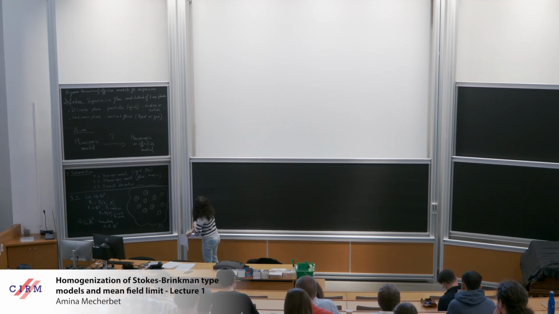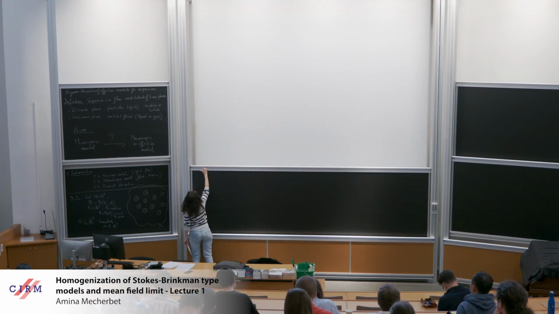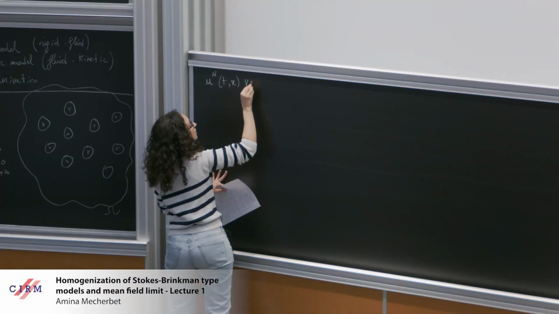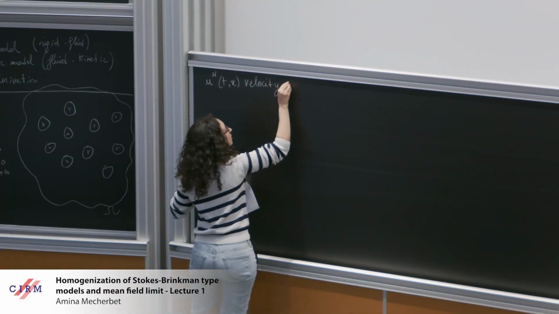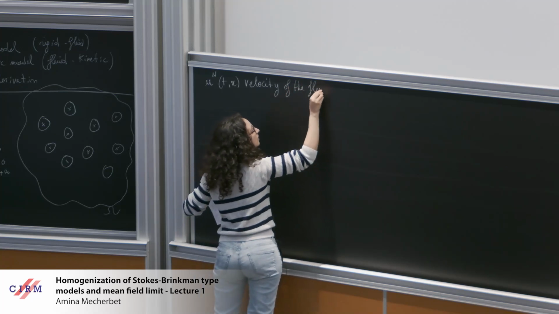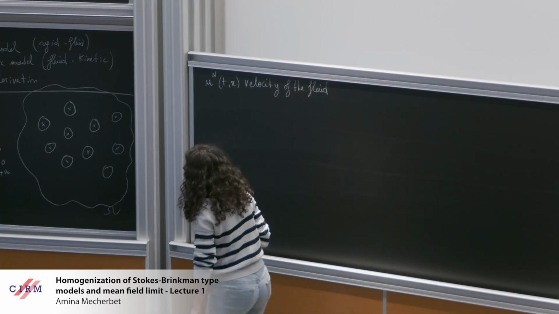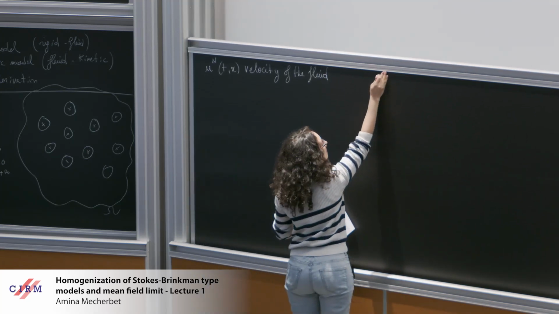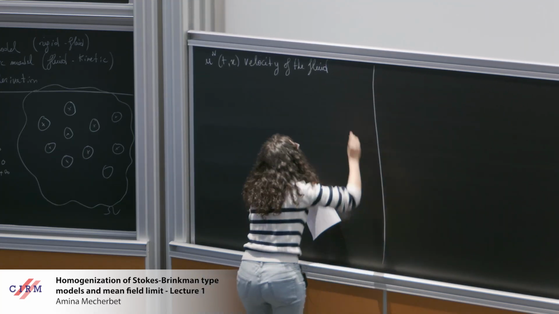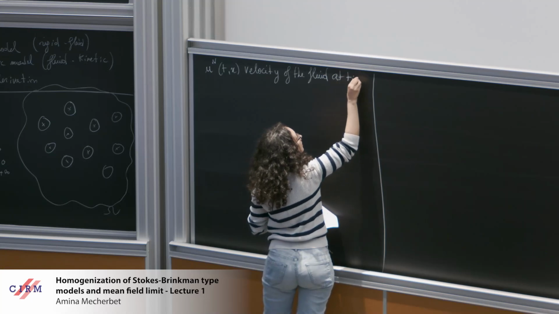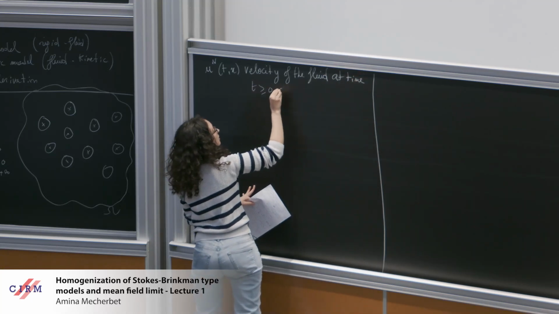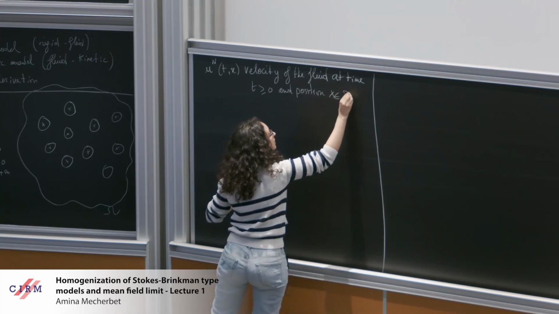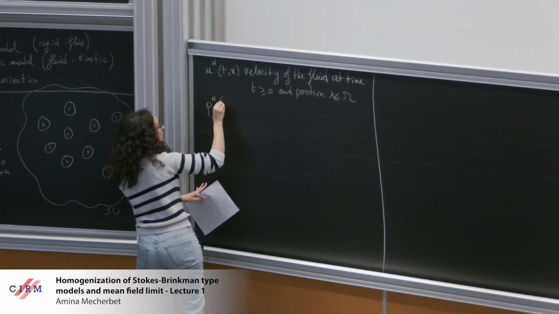I will call un the velocity of the fluid at time t and position x, and I will call Pn the pressure.